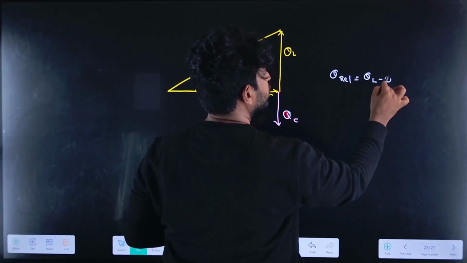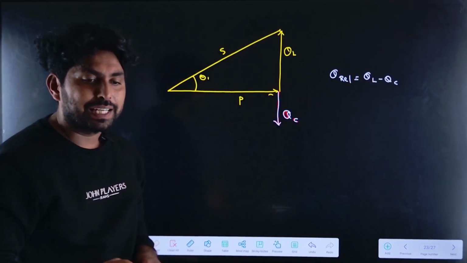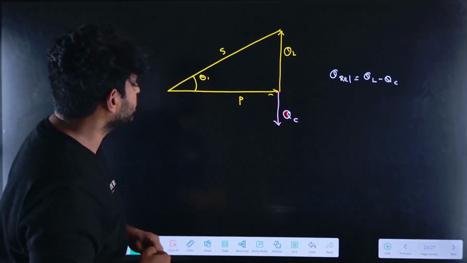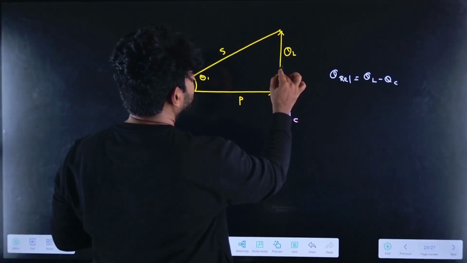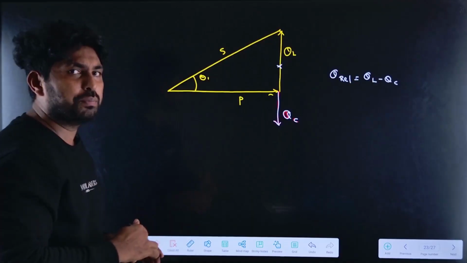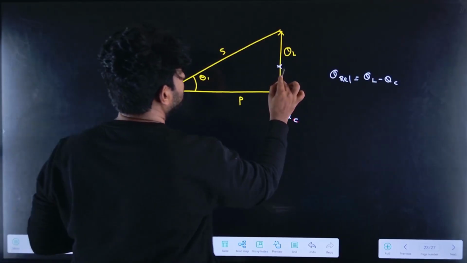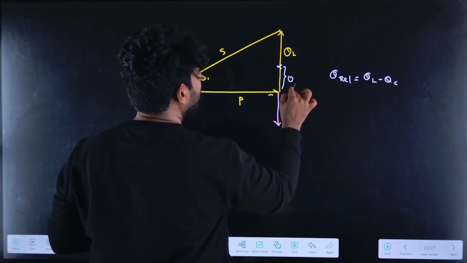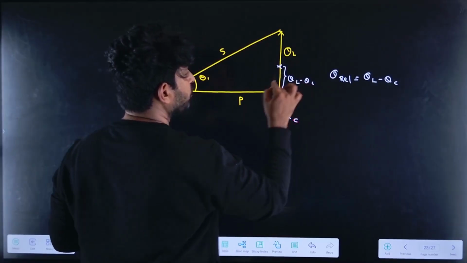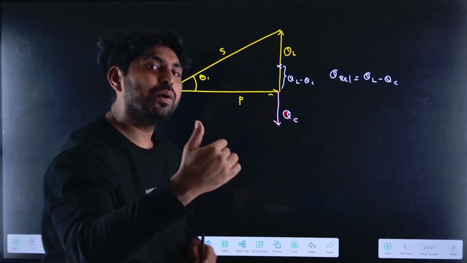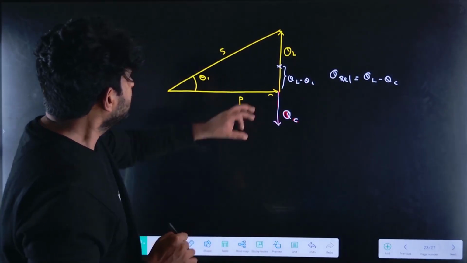The resultant reactive power is QL minus QC. If I draw the resultant, it will be somewhere here, with the magnitude of QL minus QC. That is, inductive reactive power minus capacitive reactive power.